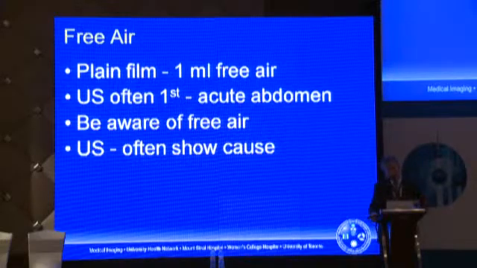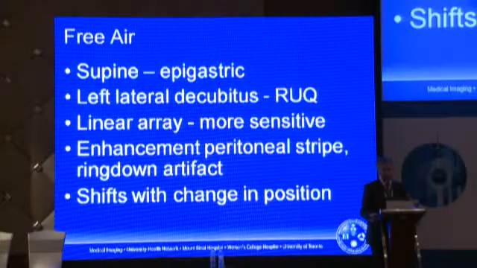And then actually there's one small section, free air. I'm not suggesting for a moment that you use ultrasound as the primary way to diagnose free air. But again, often ultrasound is the first examination that we do in our practice, and so you should at least be aware of what it looks like.